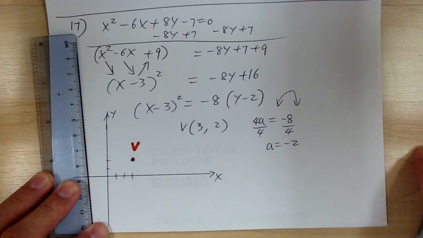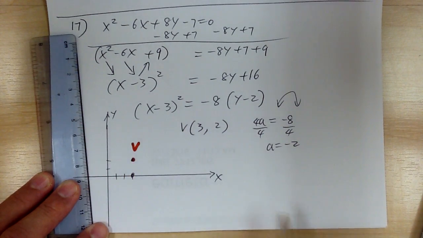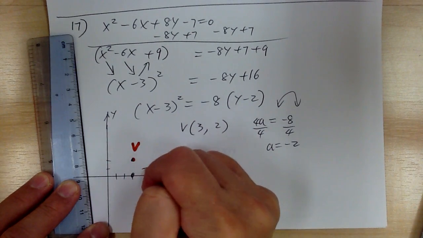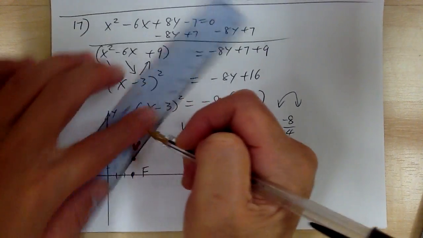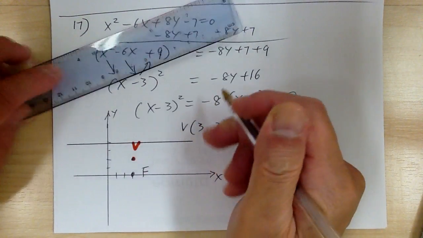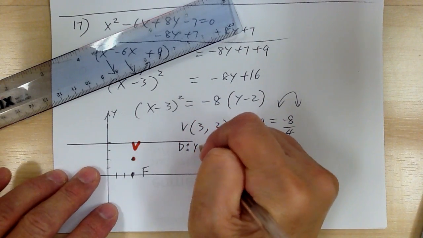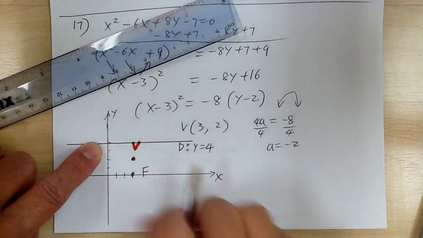And a is equal to negative 2, so you go down, right? So this is going to be the F right over here when you go down. So this is the focus over here, and you go up two, that would be the directrix. So here's your directrix. I can look at the picture, so y equal to 4. That would be the directrix.